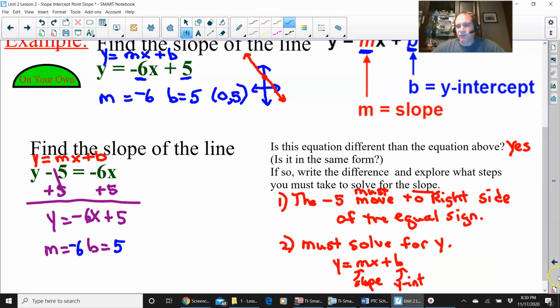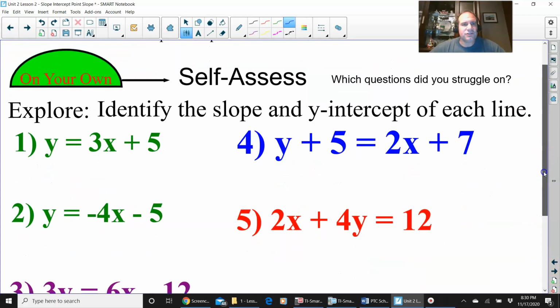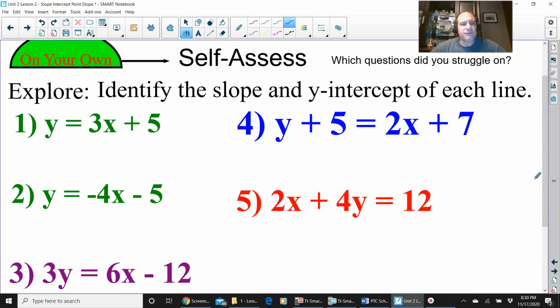All right, so let's go on to the next page. I am going to do the first one with you, and then we're going to take a couple at a time, and we'll come back. And remember, the question is to identify the slope and the y-intercept of each line. I am going to put a giant y equals mx plus b on the top.